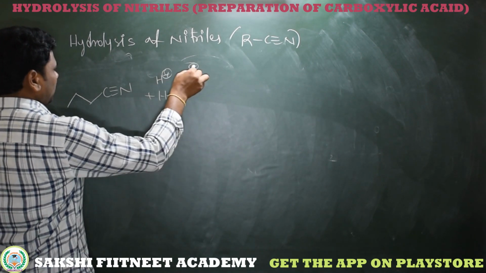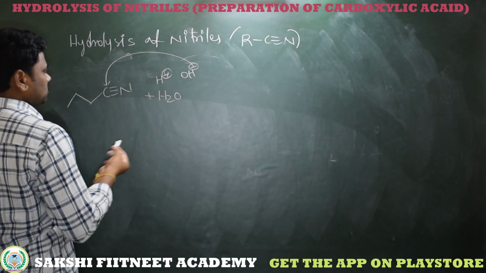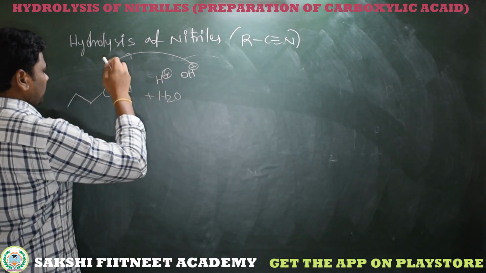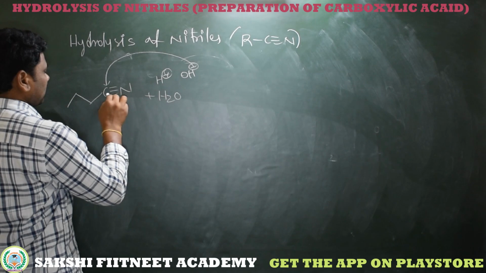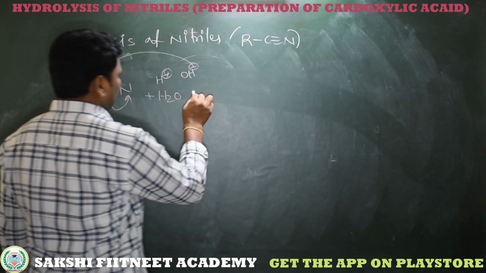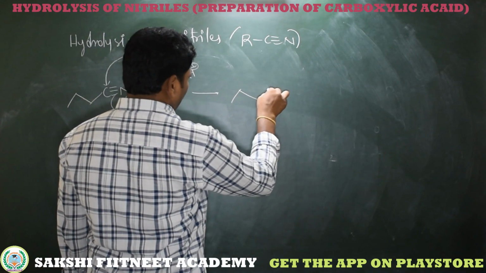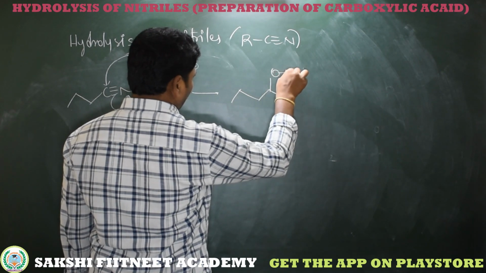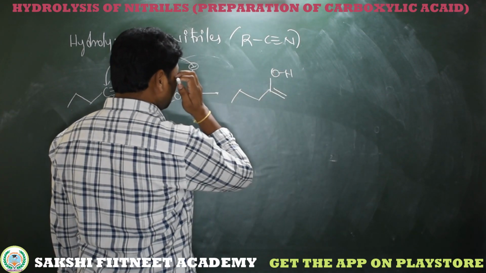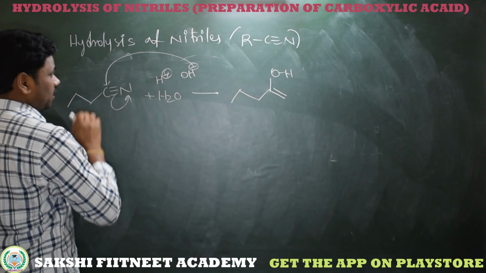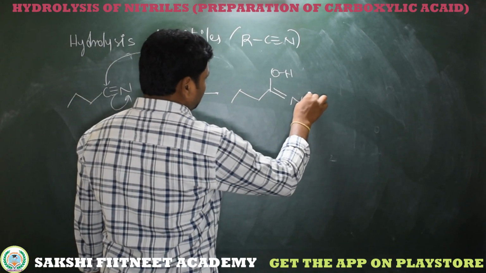So simple, this nitrile carbon is electrophilic. The nucleophile directly attacks that nitrile carbon, and the pi electrons shift to the nitrogen. So here we will get an OH and a double bond from carbon to nitrogen, and N minus.